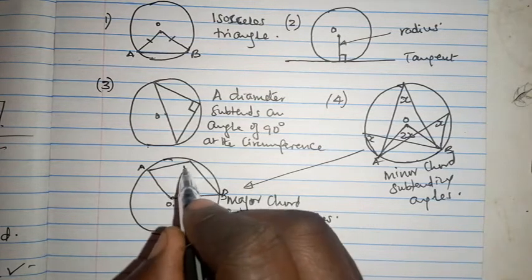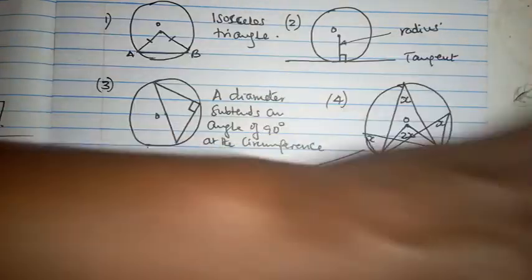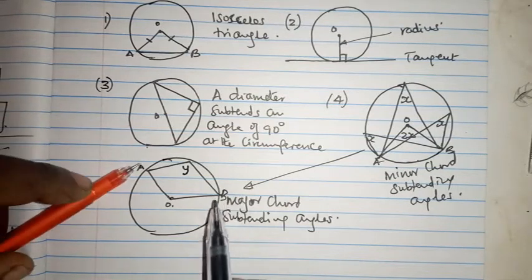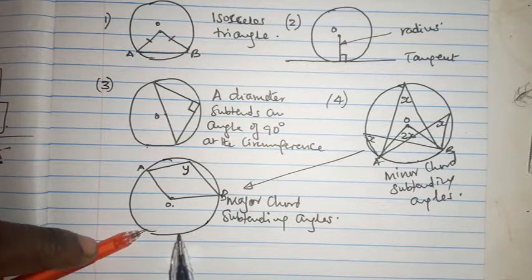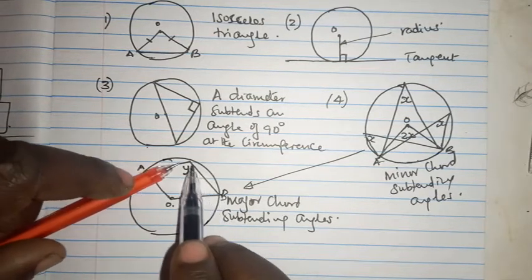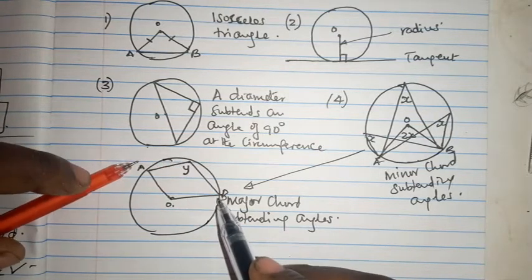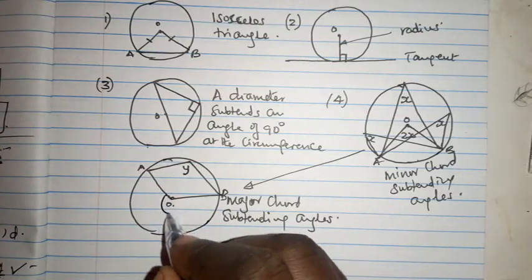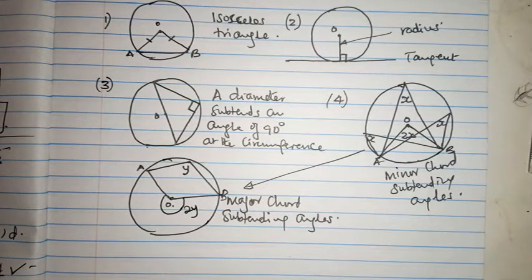It subtends the angle y on the circumference. From here, this is the major chord. It subtends the angle of y on the circumference. The same major chord subtends an angle of 2y, so this is 2y, at the center of the circle. Please understand that. The major chord.